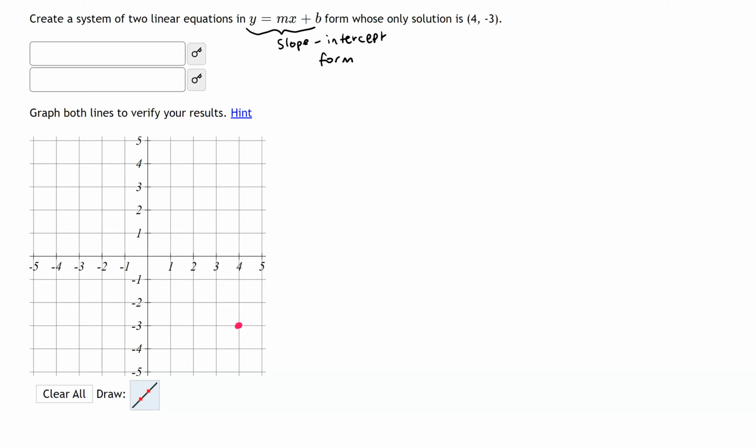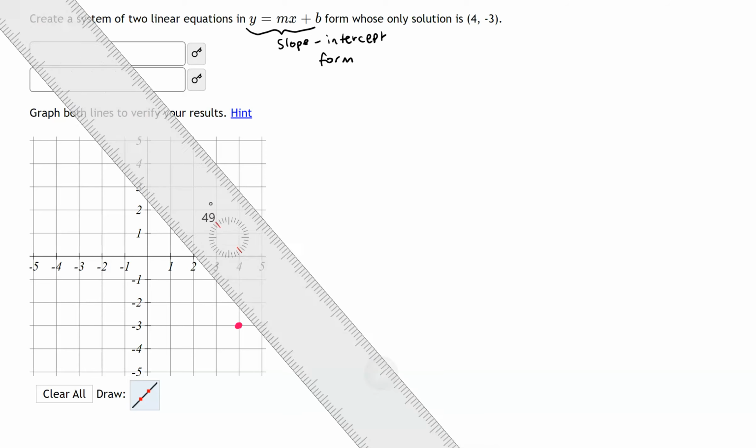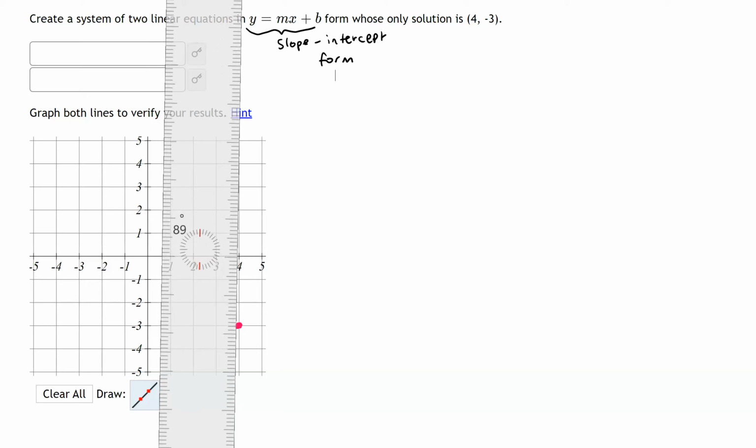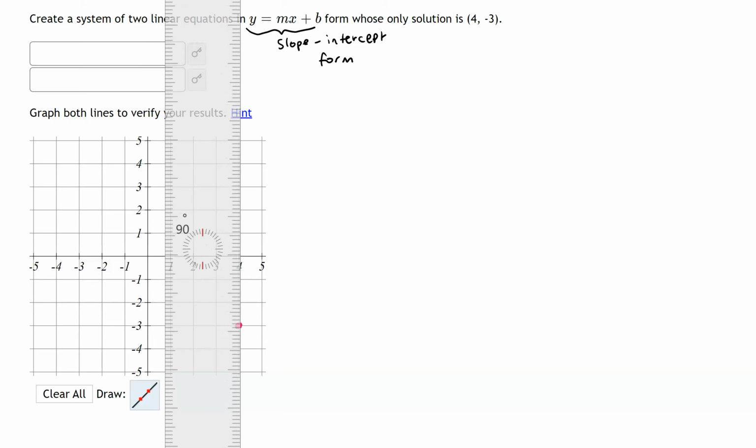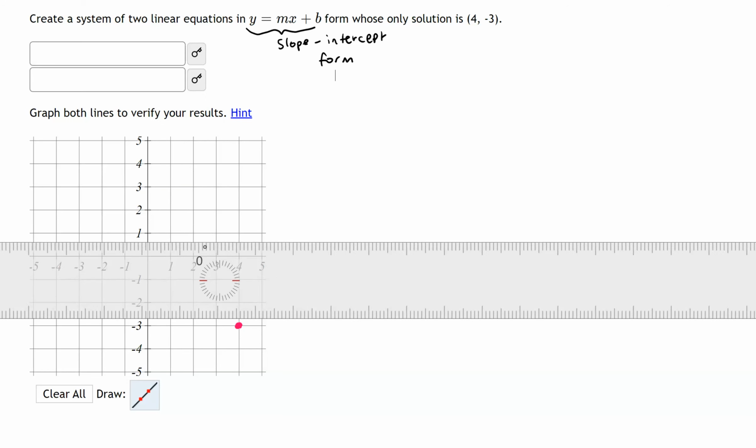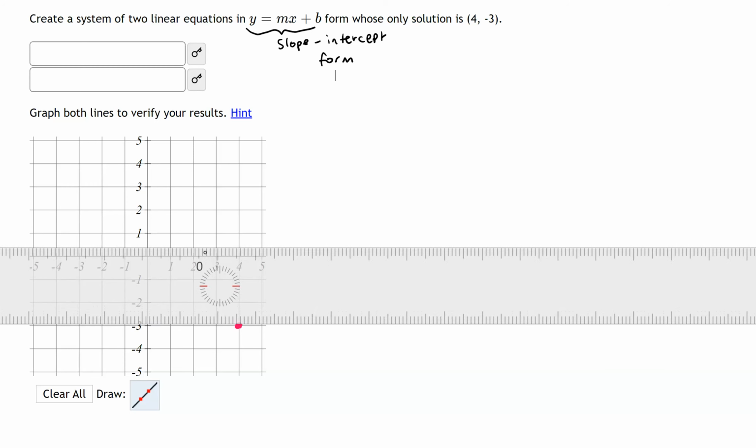Now, there are many different solutions that you could come up with that would satisfy this. If you wanted a very basic solution, one possible option you could do is this line here.